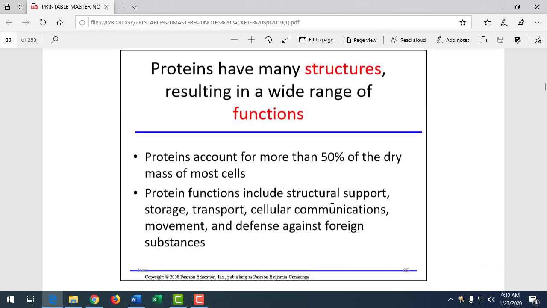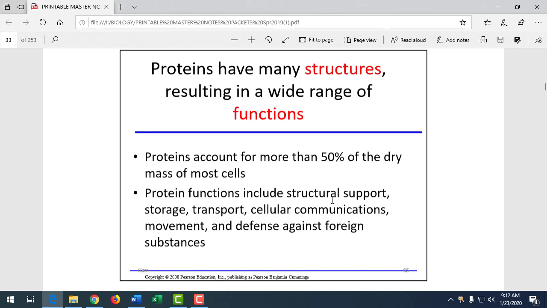Proteins, another class of organic molecules. These have many, many functions in the body, and we are made up of proteins. So our skeleton, our muscles, our skin, the structure of our body is protein, so very, very important for structure.